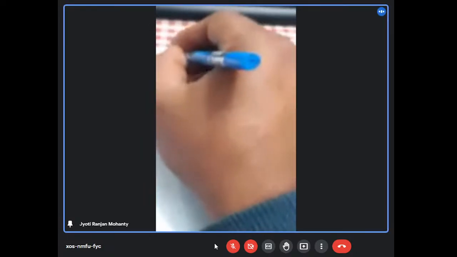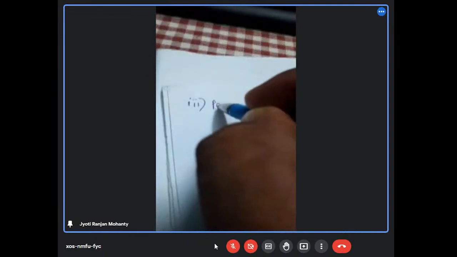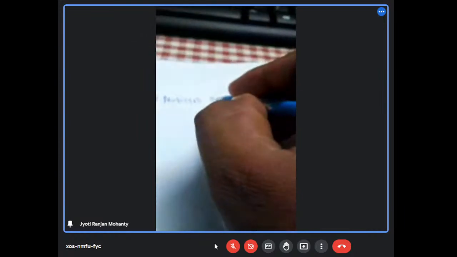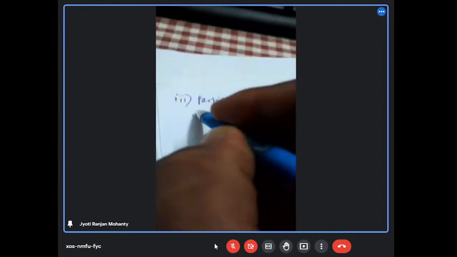Number 3 point: particles and waves are different entities.